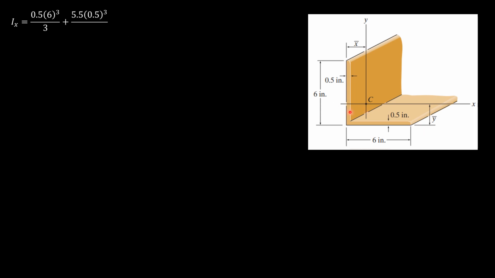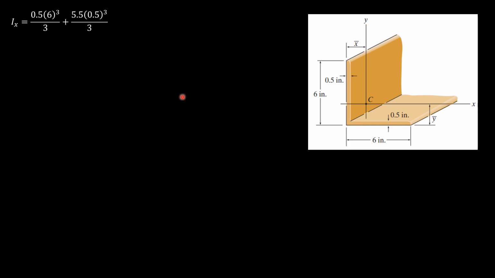For the horizontal rectangle, the width or the length is 5.5, sorry, 5.5. The thickness is 0.5 cubed divided by 3 because it is with respect to the base. And take note that Ix equals Iy because of symmetry with respect to the left edge and with respect to the bottom edge.